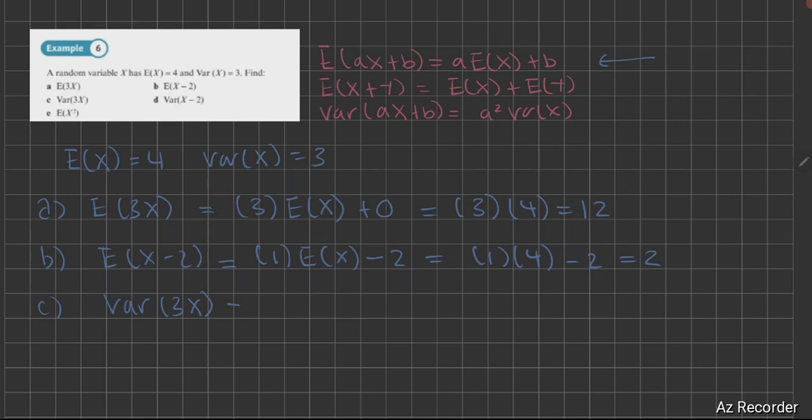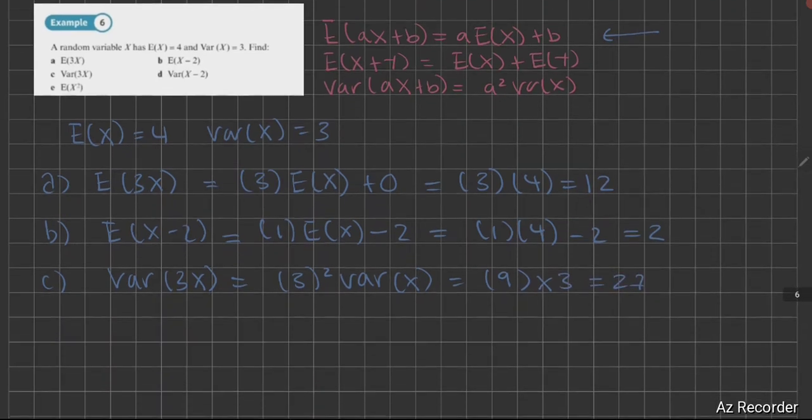Okay, so the a value is 3, so 3 squared times the variance is equal to 9 times 3, which is 27. If we look at d, a is 1 squared times the variance is 1 times 3, which is just 3.